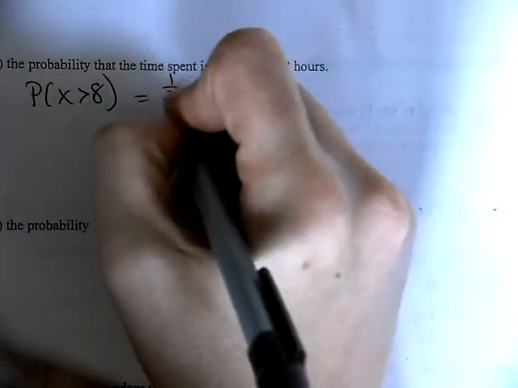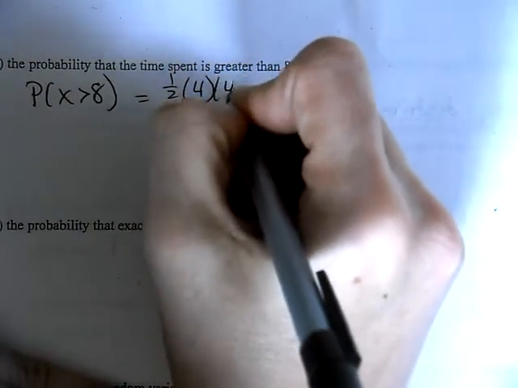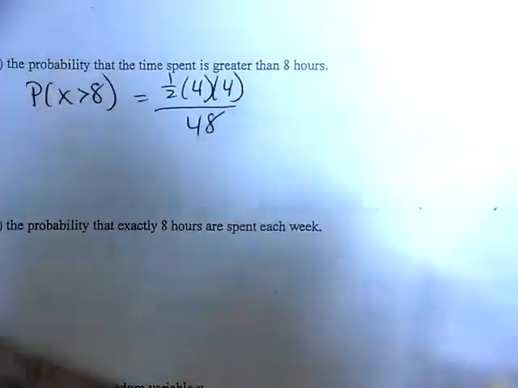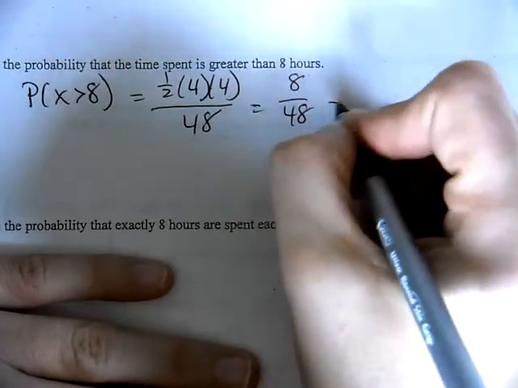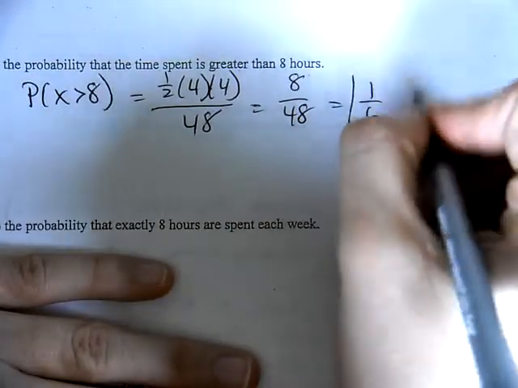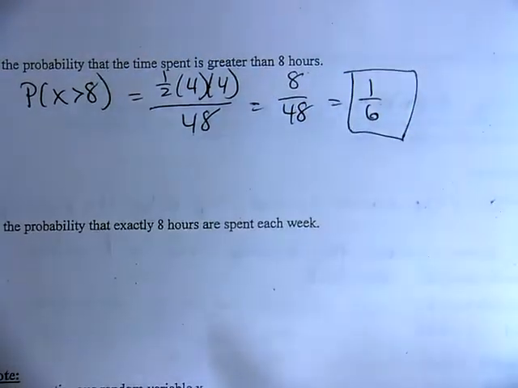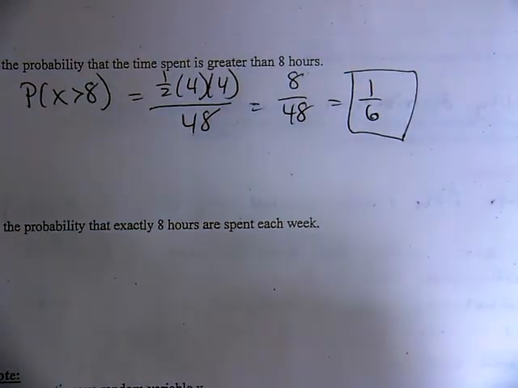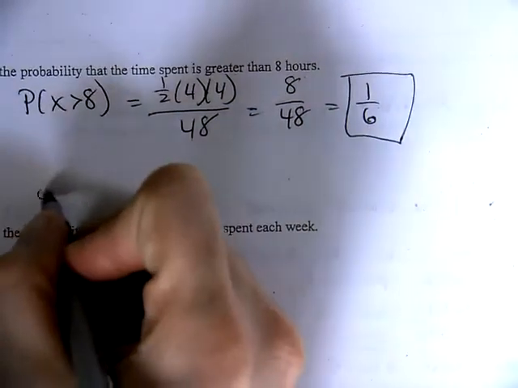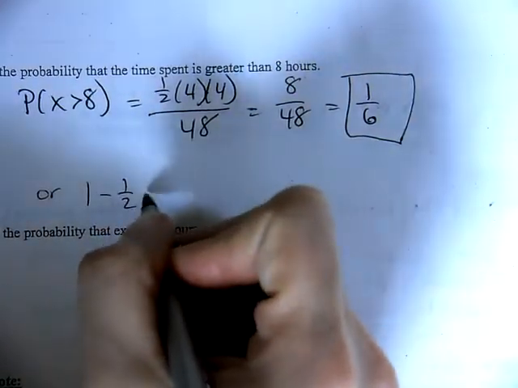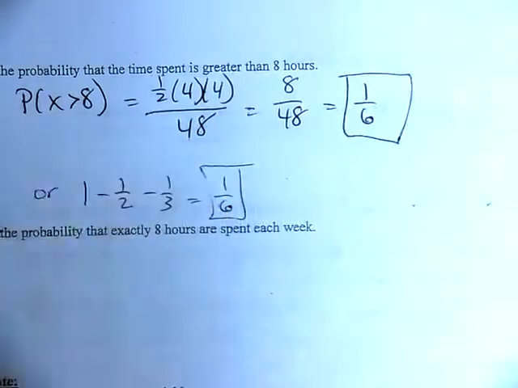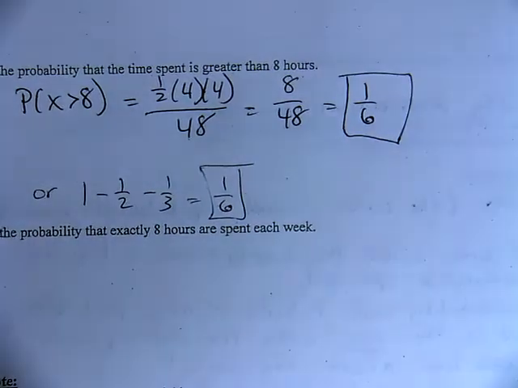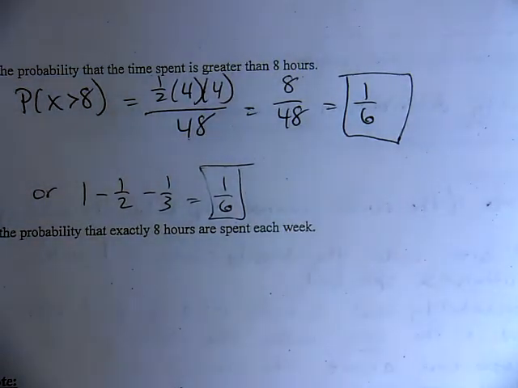So half of 4 times 4 over 48. So 8 out of 48, so a sixth. You could always do 1 minus a half minus a third, and you still get a sixth, because you know that the whole density curve has to add up to 1.